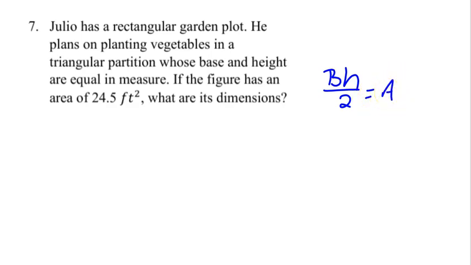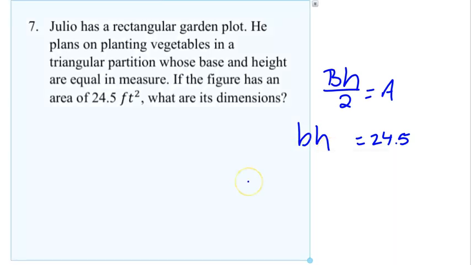So since we know the area is 24.5, I'm going to put 24.5 here. And we need to find the base and the height. And then I'm going to have this divided by 2.